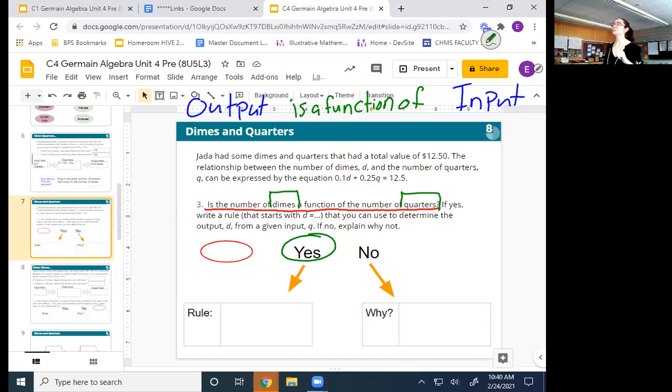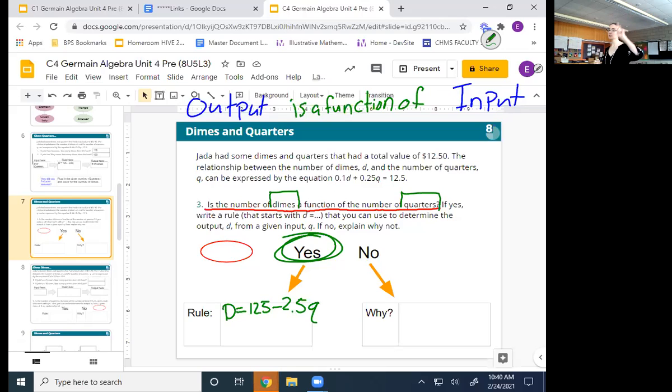So we said that, yes, this is a function, dimes is a function of quarters. Claire said that our rule was D is equal to 125 minus 2.5q. Do we agree with this rule? Very good.